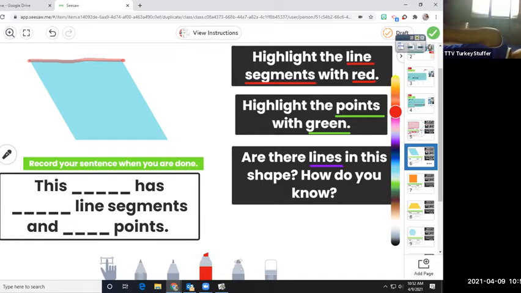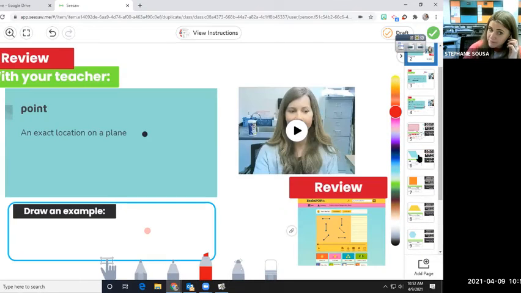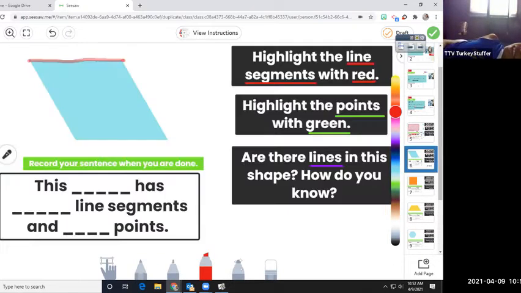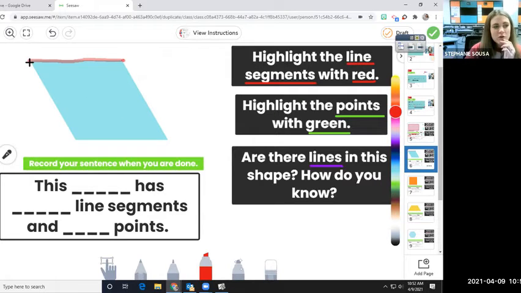Yes, Terrence. First, can you go back to slide 2? It's just a point. No. It's a dot. And what else? Oh, that was all. All right. So now we're going to continue on with our other line segments. There is also a line segment on the left side. Why? Because it starts here and it stops here, and it is a straight path.